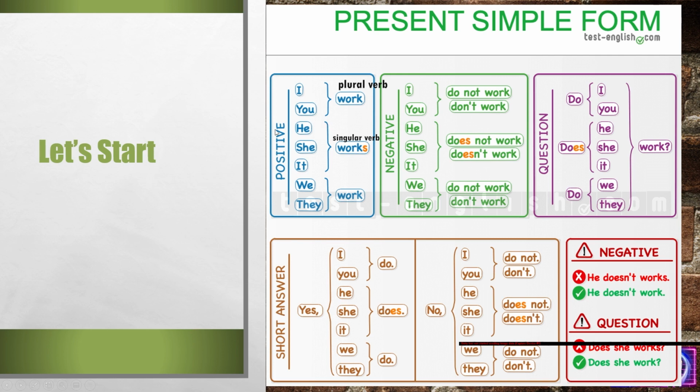But for other singular pronouns such as he, she, and it, you need to add the letter s at the verbs. For example, work becomes works. He works. She works. It works.